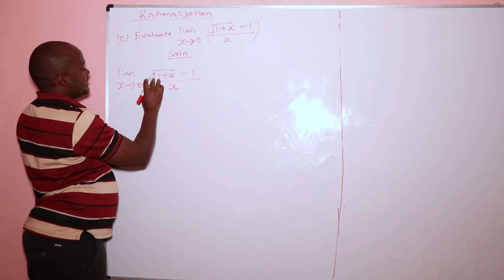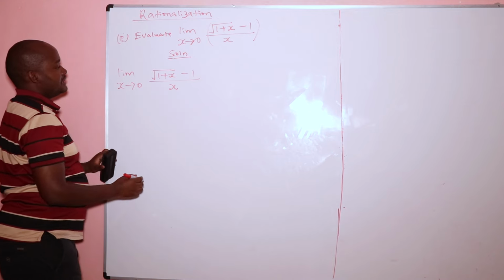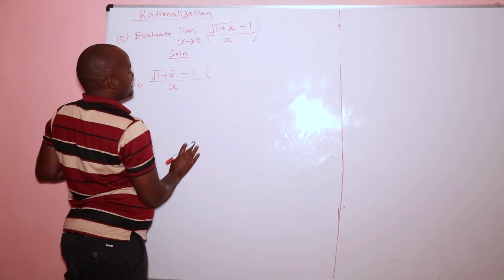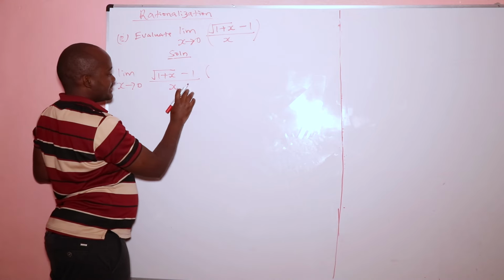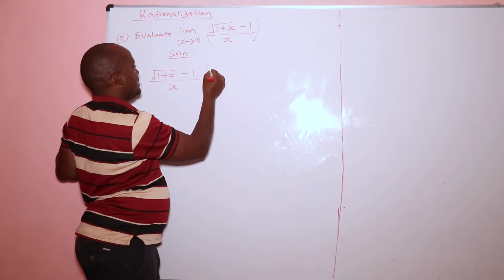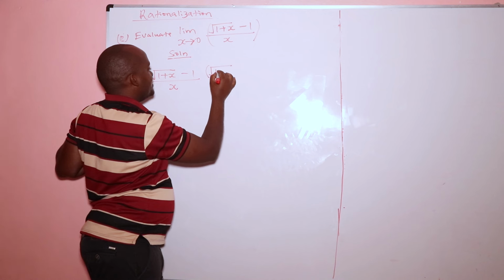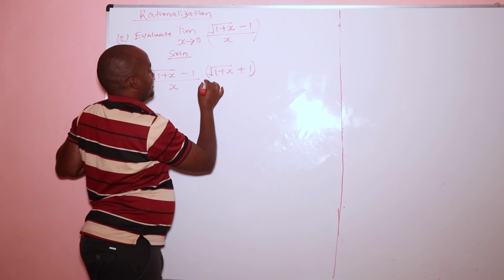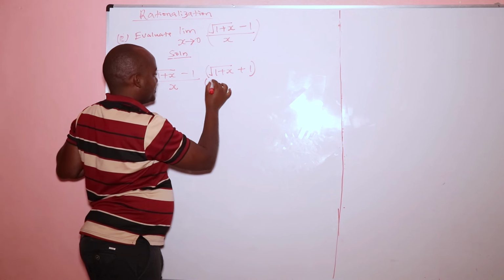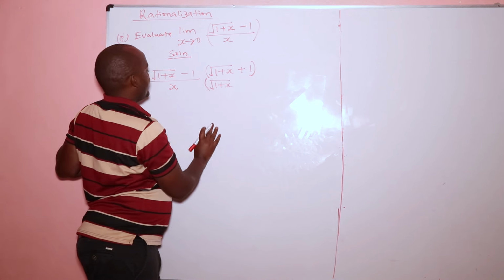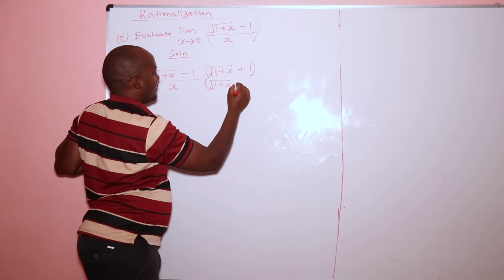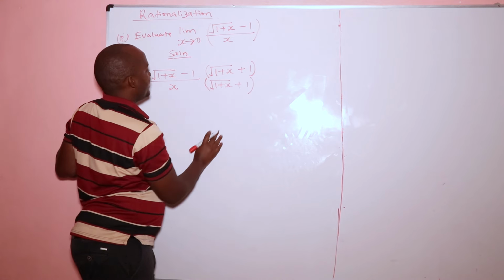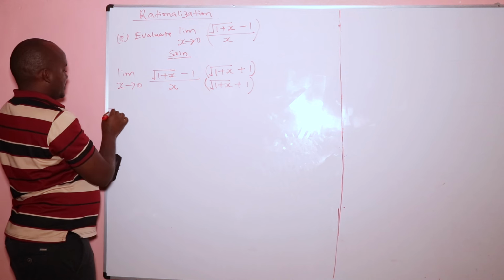You notice here that the root is in the numerator, so you have to rationalize by multiplying both the numerator and the denominator by the conjugate. The conjugate in this case will be root 1 plus x plus 1. What you do to the numerator, you also do to the denominator.